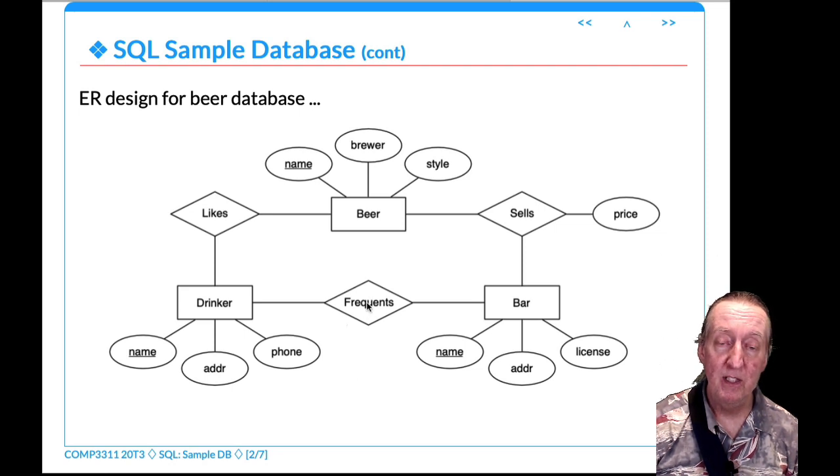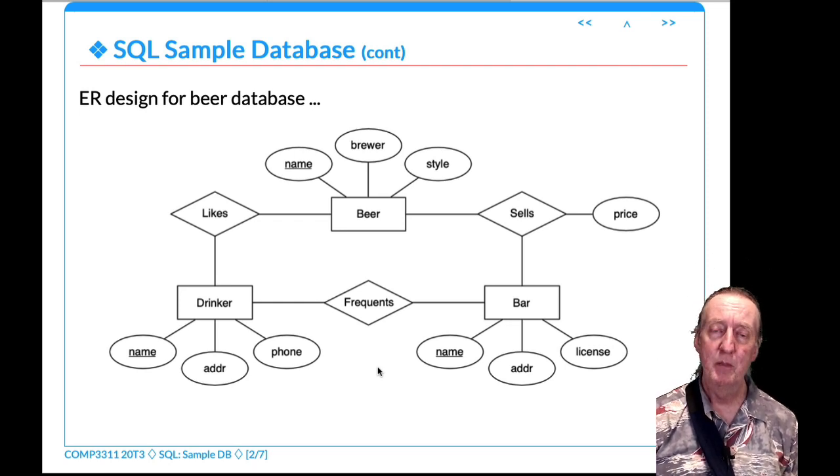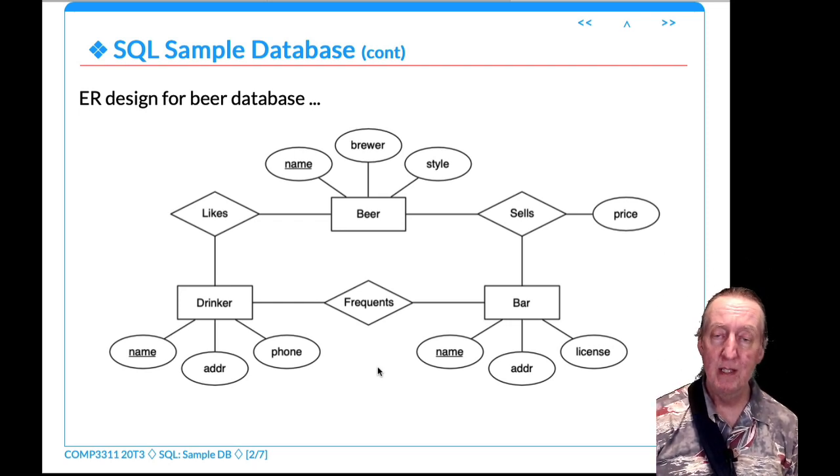And frequents obviously has to relate drinkers to bars, therefore it's going to contain a drinker name and a bar name. Similarly with sells, similarly with likes. Notice we've got all many-to-many relationships, and we're not being fussed about participation.